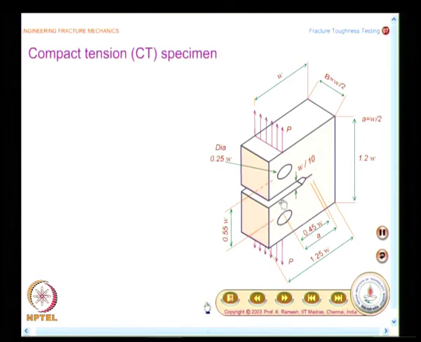You have very strict nomenclature: what should be the distance of the holes, what should be the diameter, and what is the tolerance. These are not shown here. If you take up a standard, they would also give the tolerance for each of these dimensions. And the important aspect is, a priori you do not know the value of B for a given material. This is where the challenge lies.